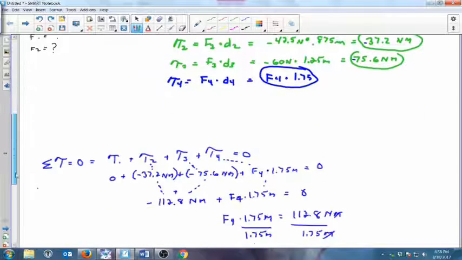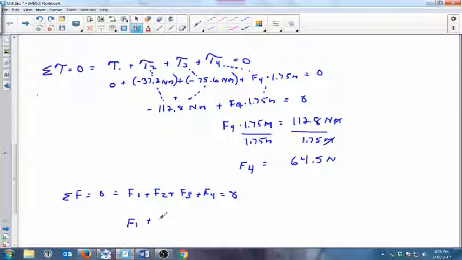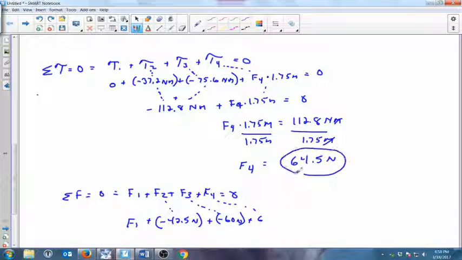And F3 is going to be minus 60. So it's going to be minus 42.5 newtons. That's this guy, plus a minus 60 newtons. That's him. And plus, I now know that pulling up in the other direction is this guy right here, 64.5 newtons. Let me just check my signs here.